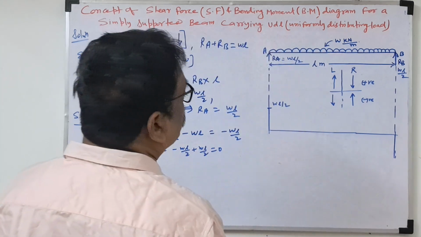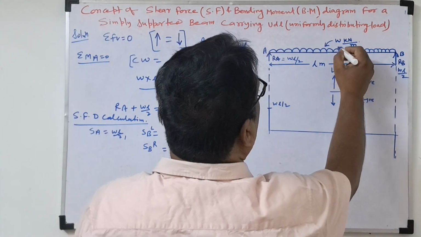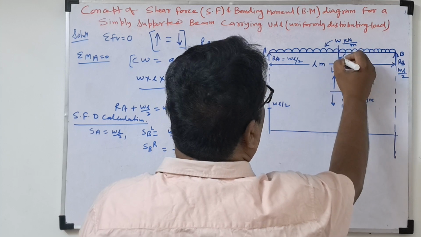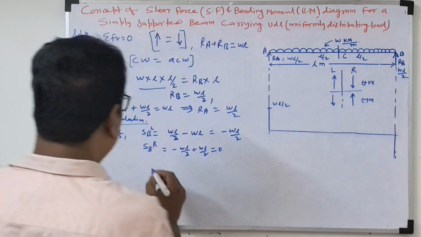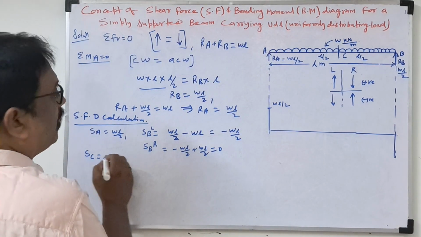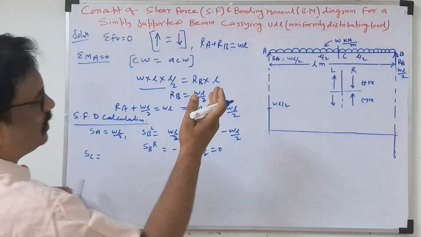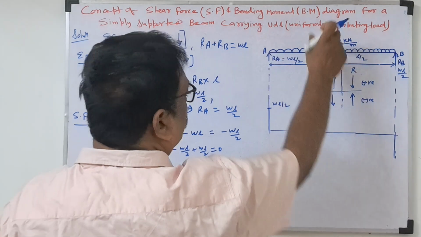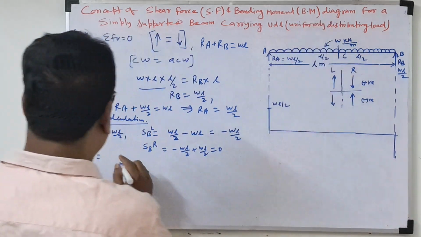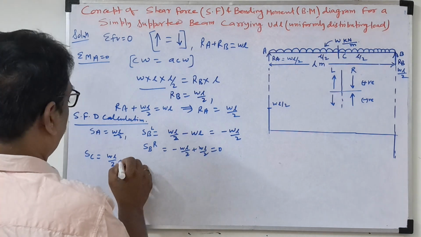So if we see the middle point, take one point C. What is the distance? L by 2. This distance will be L by 2. If we take the shear force at C, since the UDL is throughout, we can take the middle point L by 2. So at C, the shear force on this side is WL by 2.